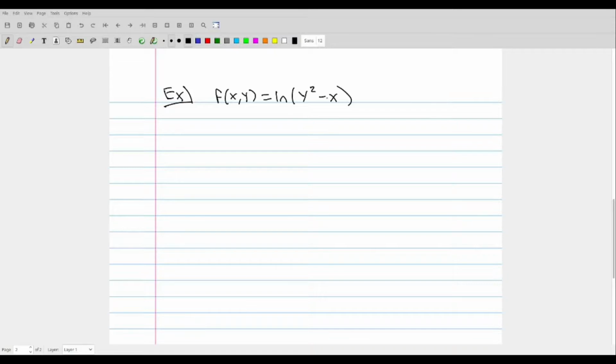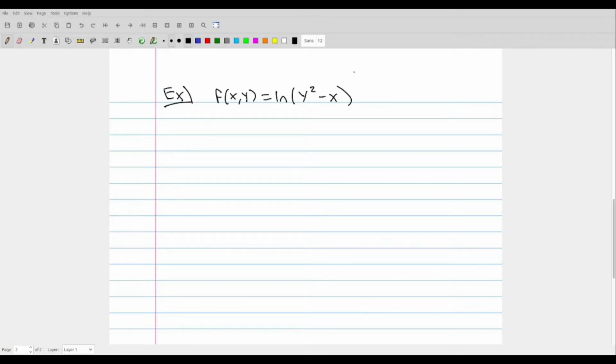So looking at this function, y squared minus x is fine. There's no bad things in the y squared minus x. But then you see that you have natural log of y squared minus x. And we know that this natural log function has a very severe restriction for what it can be.